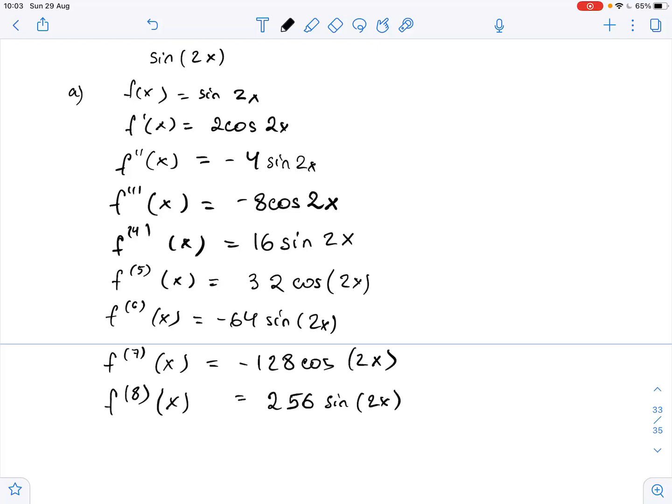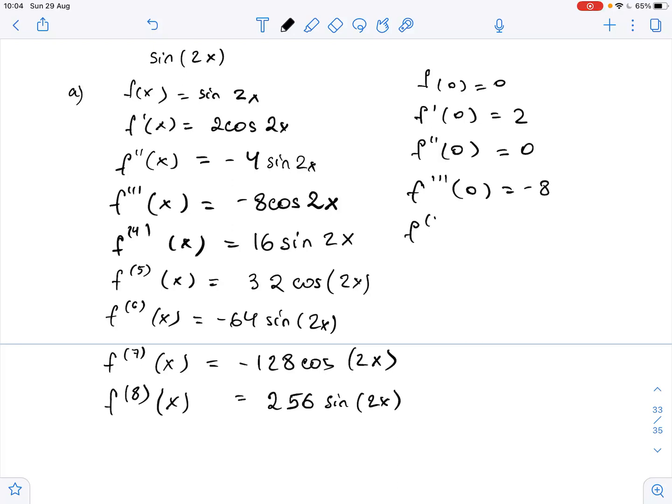Well, now we need to calculate the value of these derivatives at x equals 0. So f of 0 equals 0. f prime of 0 equals 2. The second order derivative of f of 0 equals 0. The third order derivative of f of 0 equals negative 8.